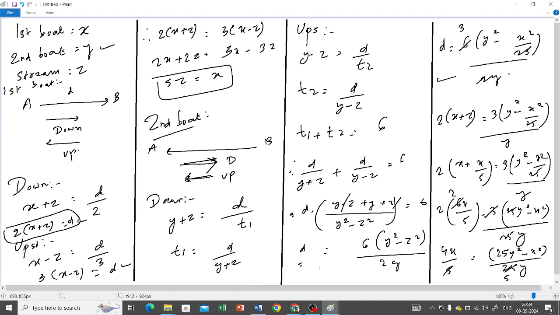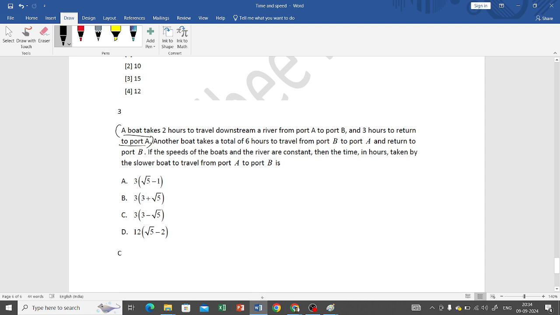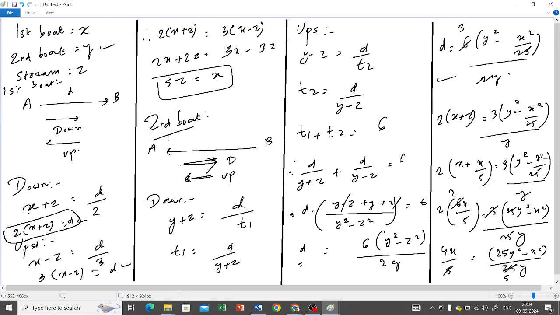A is the answer. Question is, the time in hours taken by the slower boat to travel from port A to port B. So from A to B, this one I will write.